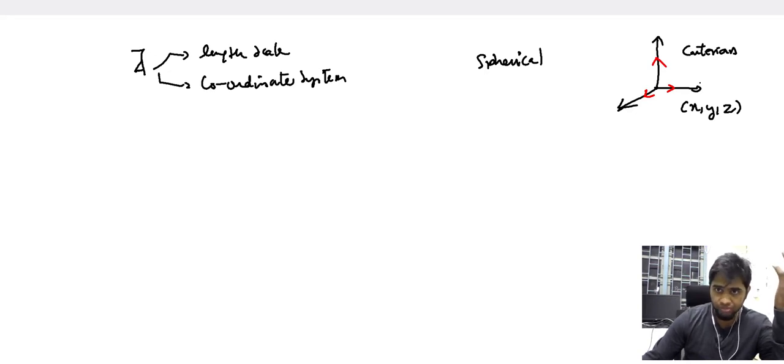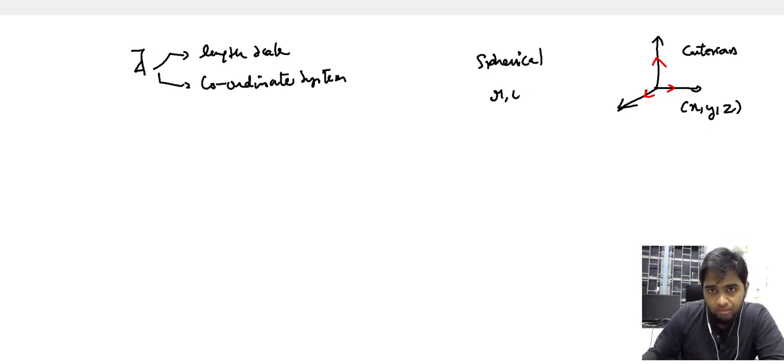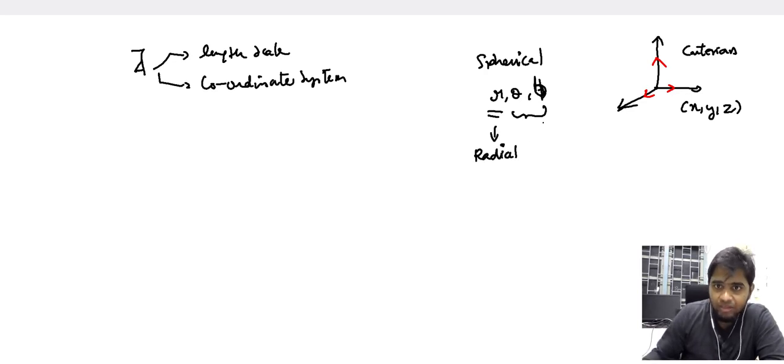When we use the Cartesian coordinate system, we need three components x, y and z. In the spherical coordinate system, we also need three components, r, theta and phi. So essentially we have one length scale component and two angular components. The length scale component is referred to as the radial coordinate, and the other two are referred to as the angular coordinates.